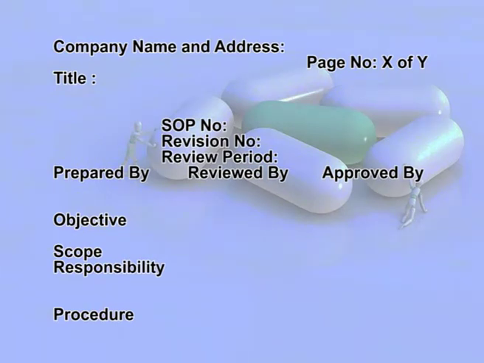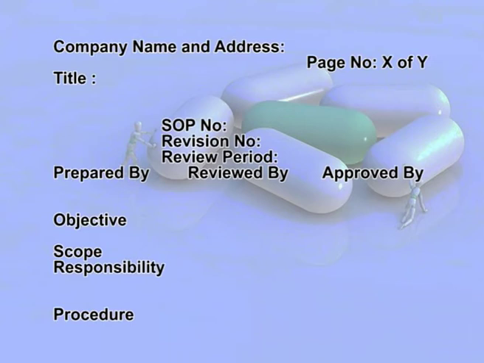Page number, title of SOP that clearly identifies the activity or procedure. SOP identification number, revision number, review period, signatures and signature dates of those individuals who prepared, reviewed and approved the SOP. Electronic signatures are acceptable for SOPs maintained on a computerized database.